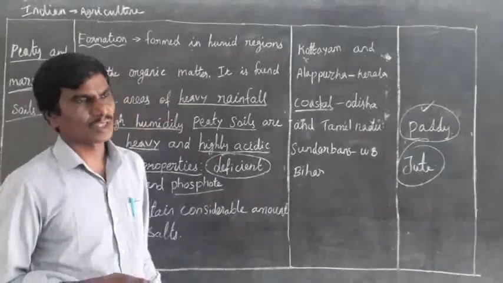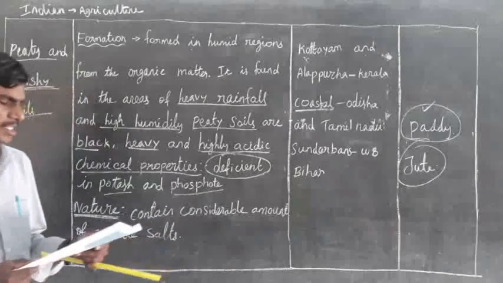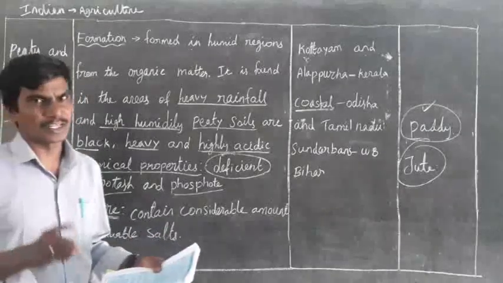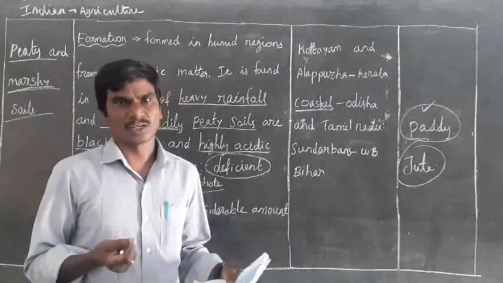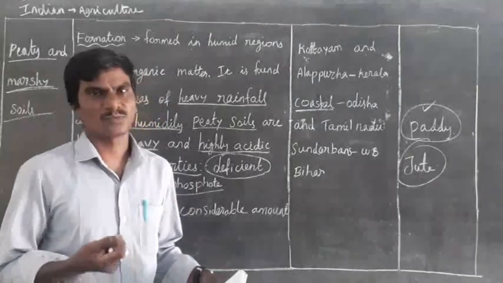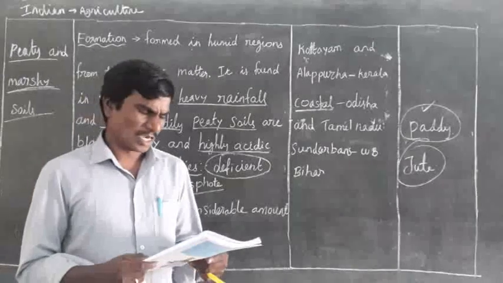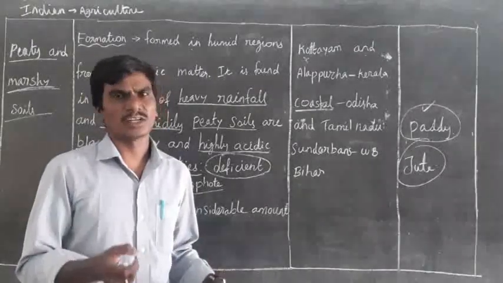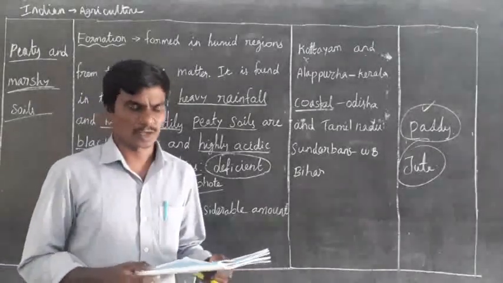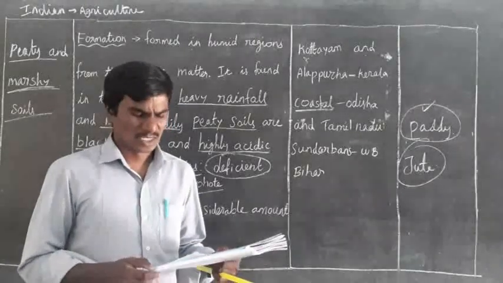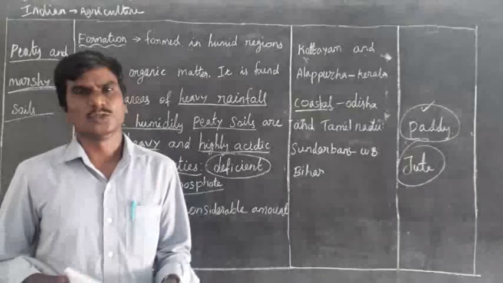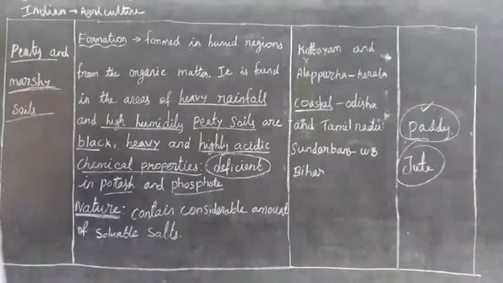Arid and desert soils are found in Rajasthan, where mainly dry crops like millets are grown. Saline and alkaline soils cannot grow many crops, and peaty and marshy soils grow paddy and jute.